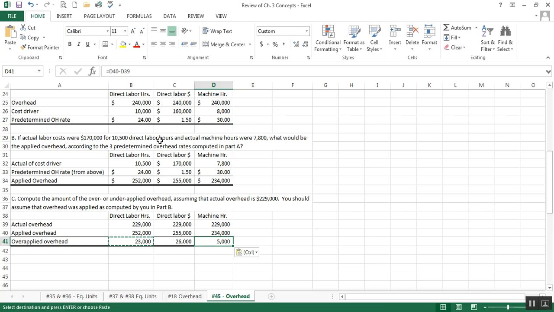Which one, based on these results, which cost driver do you think most closely drives the bulk of the costs for this organization? I would say it would be machine hours, because the difference between the actual overhead and the applied overhead is the lowest for this cost driver.